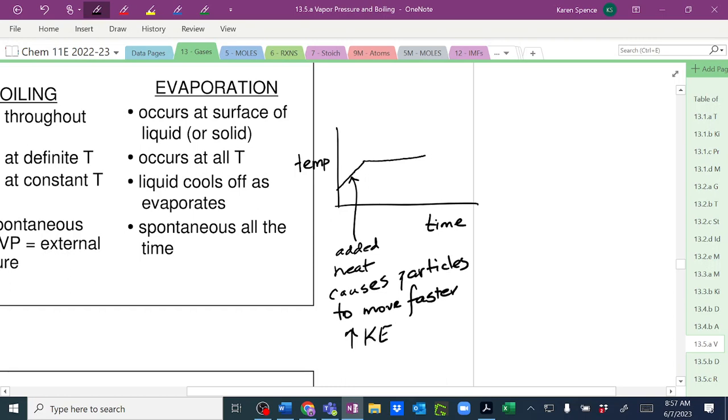But at some point, the particles are moving so fast that they will break apart from one another. And what kind of a process is bond breaking? Bond breaking is always endothermic.